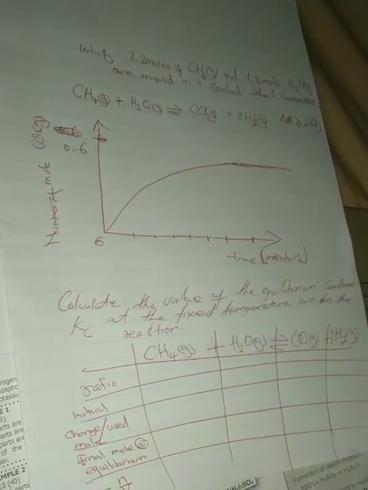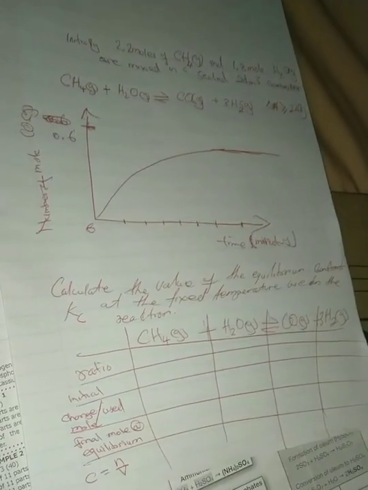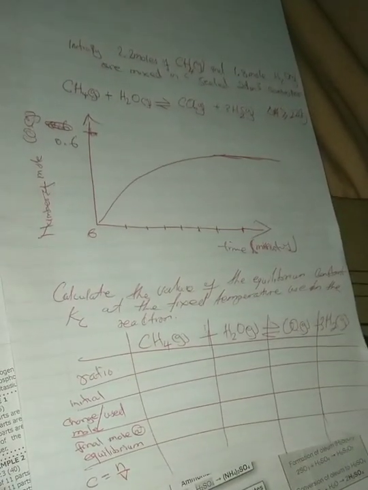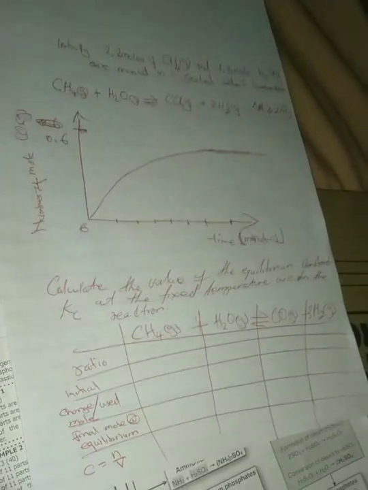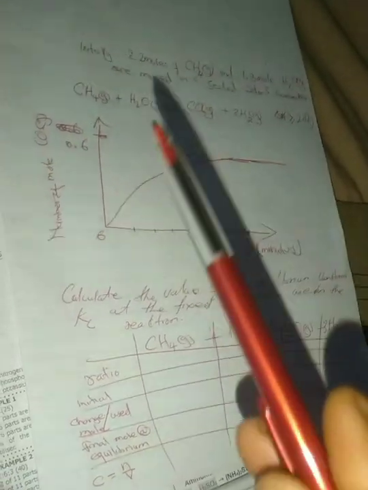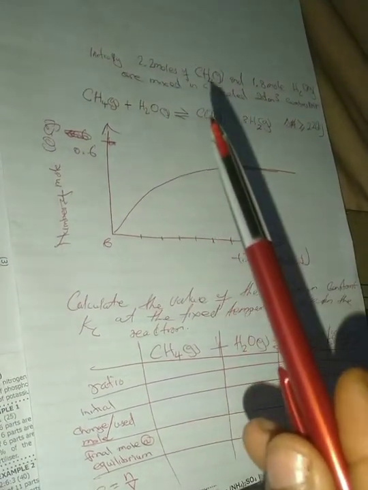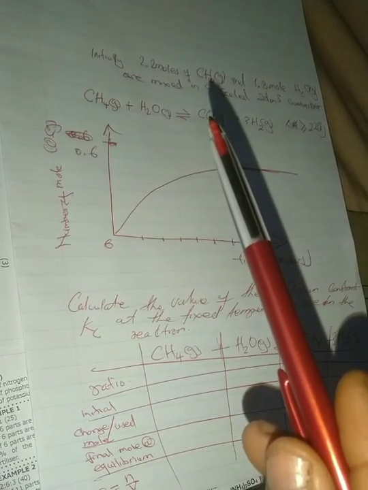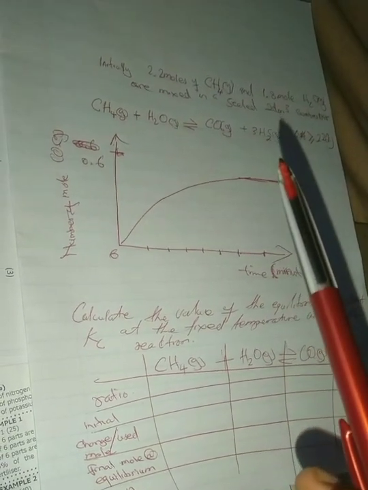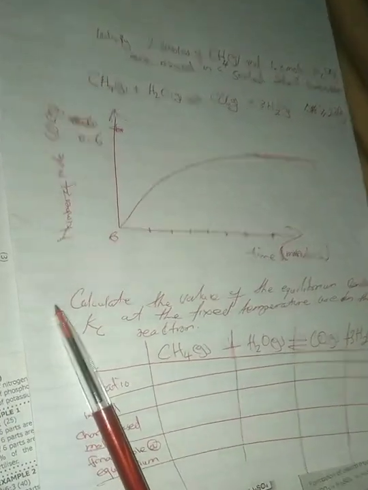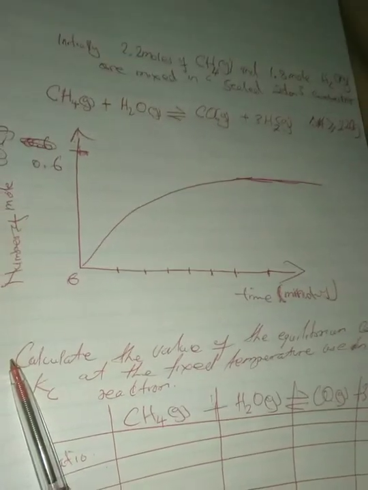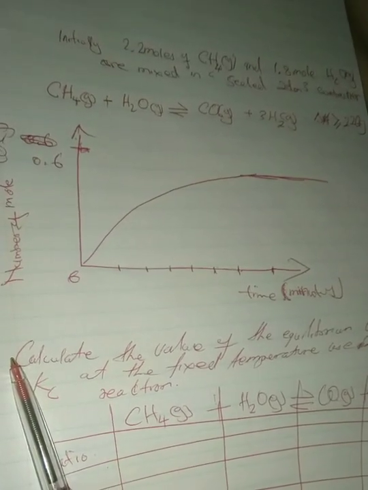Initially, this topic is based on calculating the equilibrium constant. What we are given is that the initial moles of CH4 gas and 1.8 moles of water are mixed in a sealed 2 cubic decimeter container.